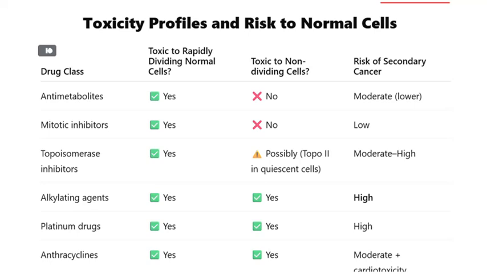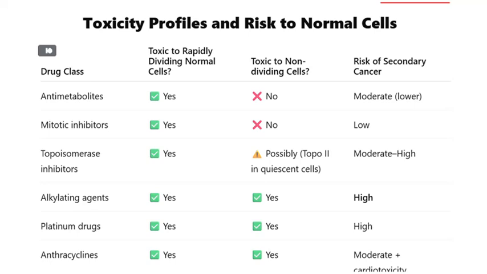After these, we have topoisomerase inhibitors. The topoisomerase inhibitors act in the S phase and also the G2 and M phase of the cell cycle, and they cause DNA breaks during replication.